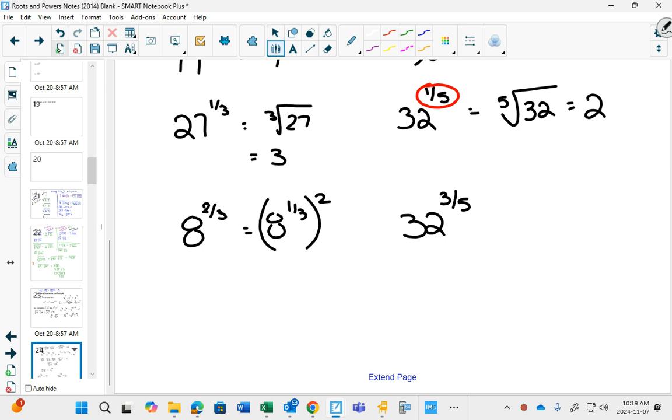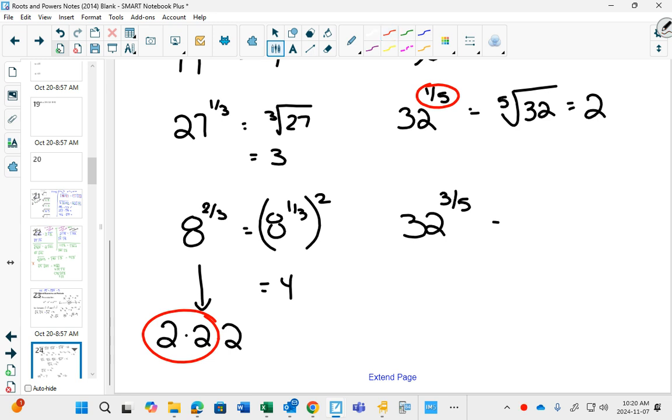And if we already figured out that 8 to the 1/3 was 2, 2 squared is 4. What's also really cool is if you do the prime factorization of 8, which is 2 times 2 times 2, and take 2/3 of it, you get 4.